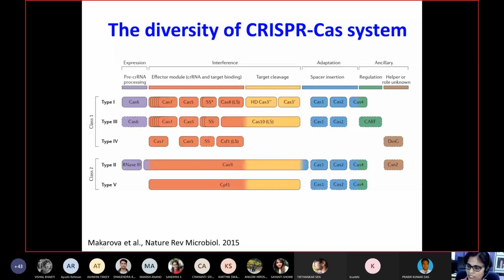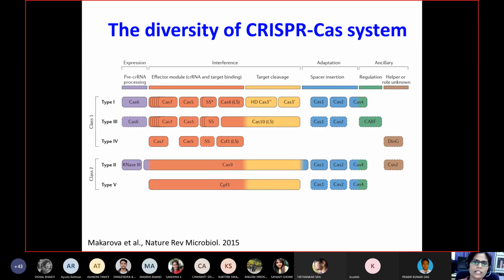Basically, every system has some kind of distinction. The system we will study in detail is type 2, which has been used drastically by everybody, the type 2 Streptococcus pyogenes system. There is a small sequence which distinguishes between the foreign DNA and the self DNA, like in a restriction enzyme, where you have a distinction.